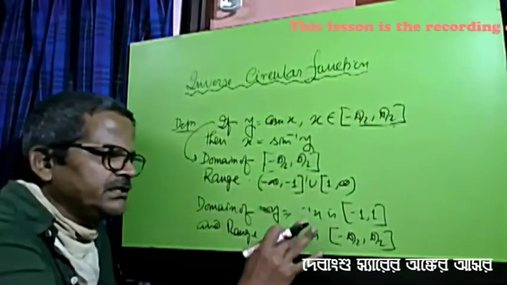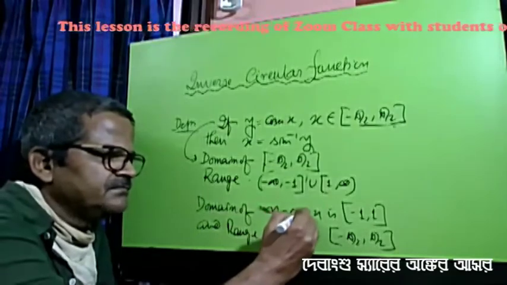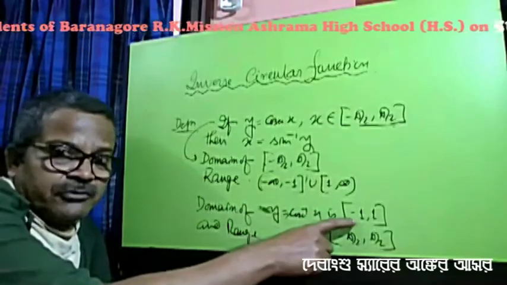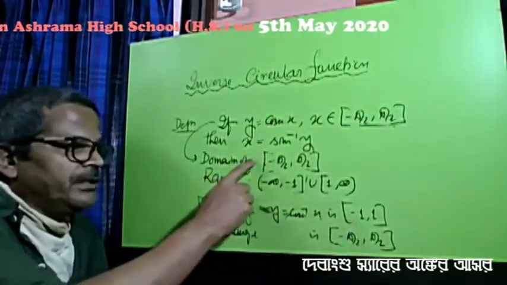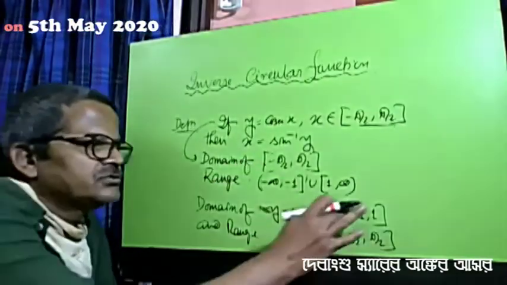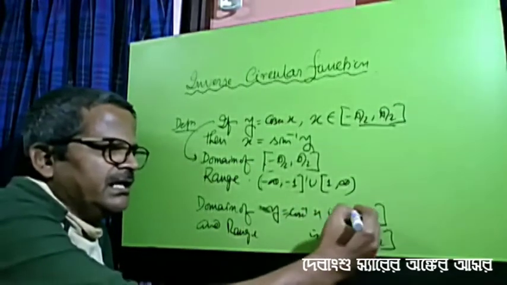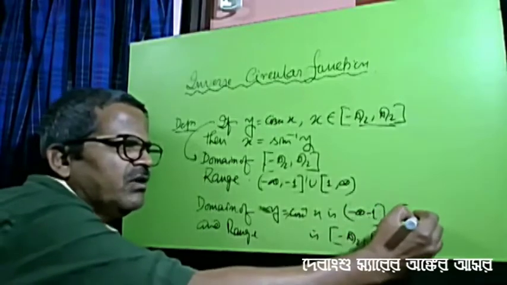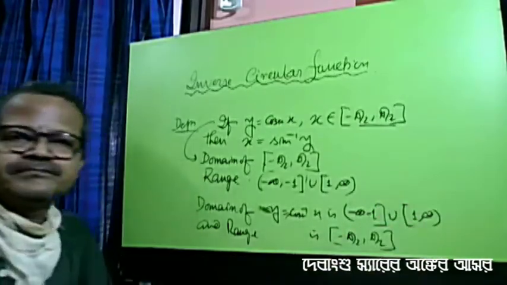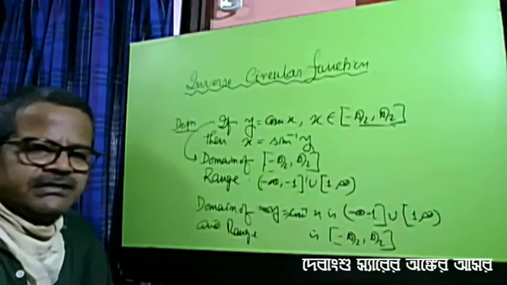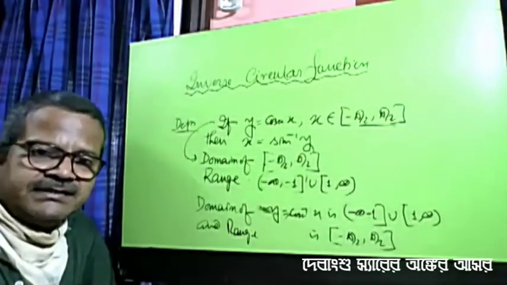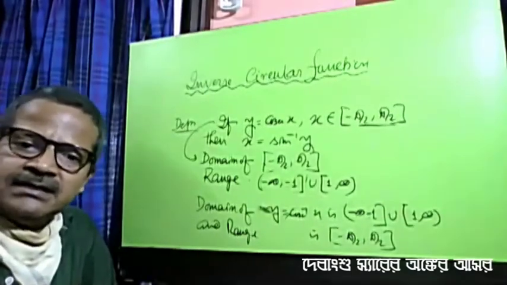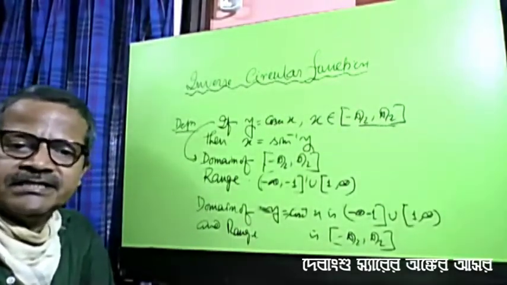So when it is cosec inverse x, the range will become domain and the domain will become range, so it will be minus infinity to minus 1 union 1 to infinity. Likewise, you can define sec inverse x and cot inverse x, with the same definition.